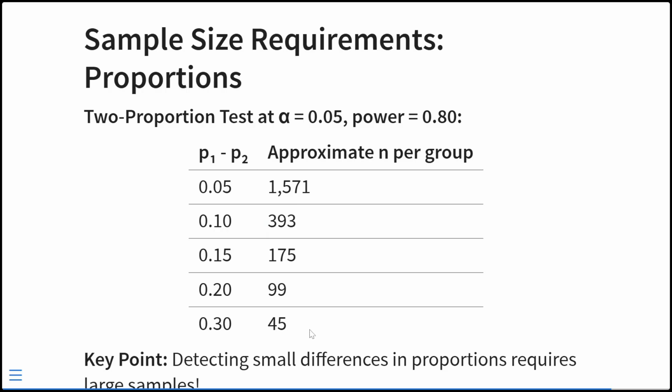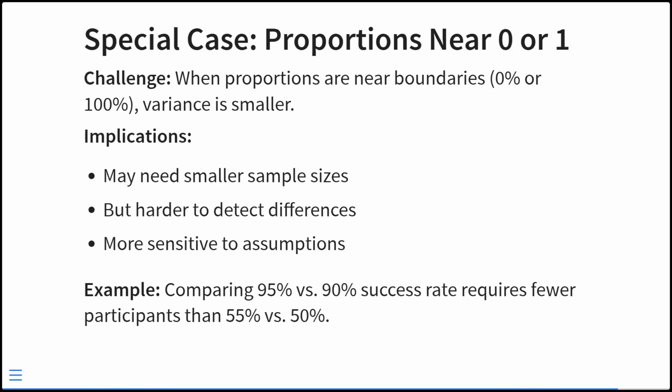So detecting small differences in proportion requires large samples. When proportions are near boundaries, 0% or 100%, the variance is usually smaller. The implication is that you may need smaller sample sizes when your proportion is near 0% or 100%, but it is harder to detect differences and is more sensitive to assumptions.